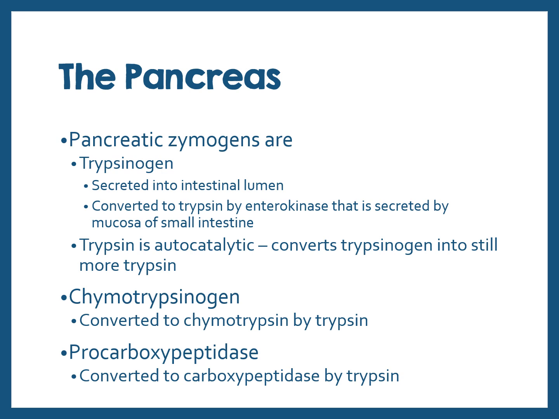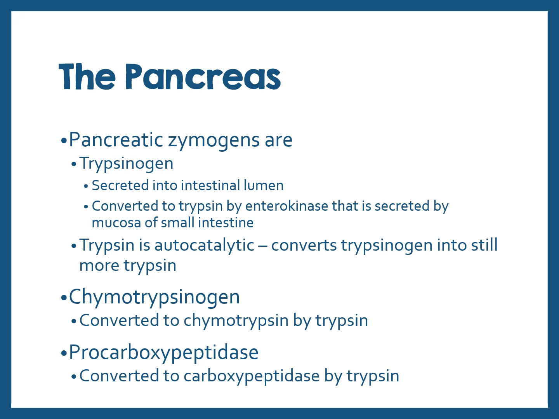And then whatever's left, the beginning, that is what it will become. So trypsinogen will become trypsin. And so trypsinogen is secreted into the intestinal lumen. It is going to then be converted into trypsin by the enterokinase that's secreted by the small intestinal cells.